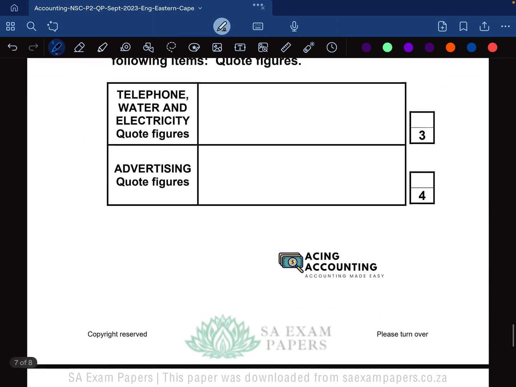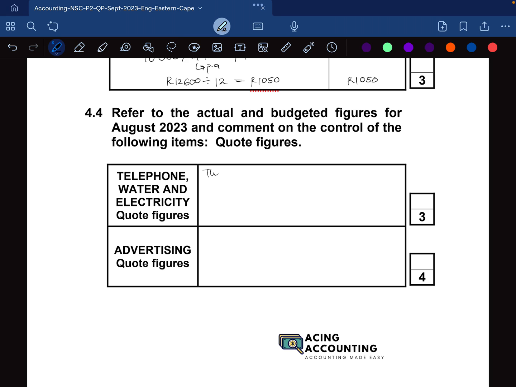Okay, so the expense was over budget or overspent by 1,680. Now you need to state where you got the difference. Let's start with the budgeted first.